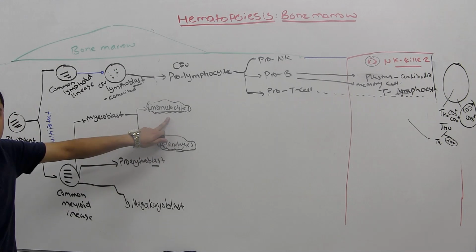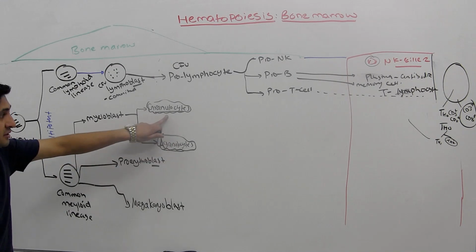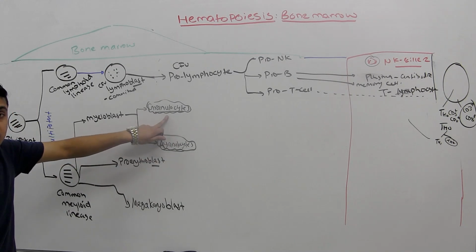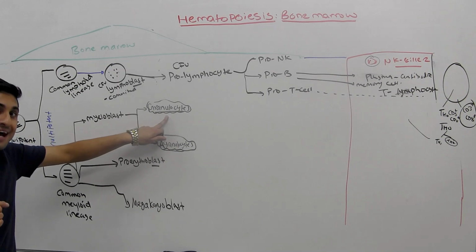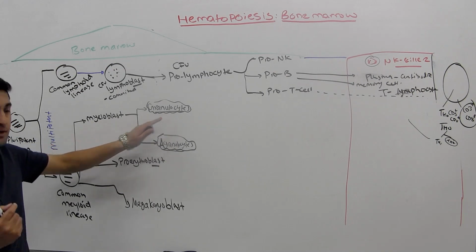That's the only difference between granulocytes and agranulocytes. Basically, in granulocytes the cytoplasm has a lot of granules in it. So when you put a dye into it, it will take up that dye. That's what it means, right?